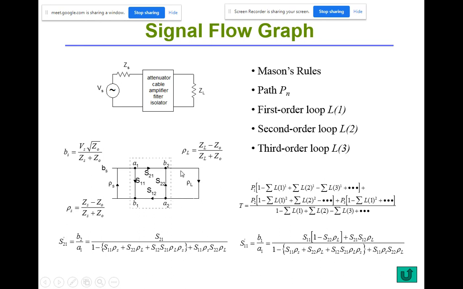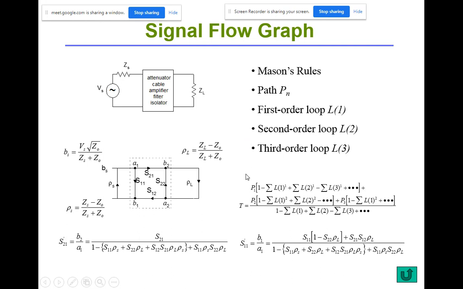This loop, the loop gain will be rho L times S22. But if you take this big loop, the loop gain will be S21 times rho L times S12 times rho S. So that is called the first order loops.